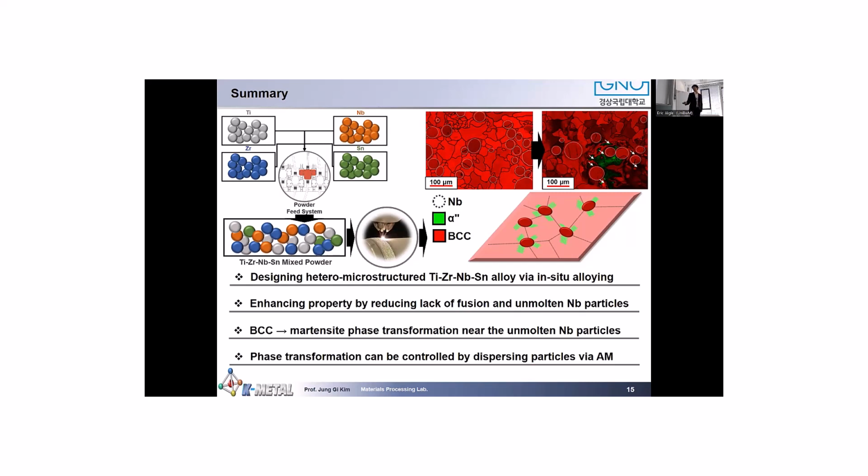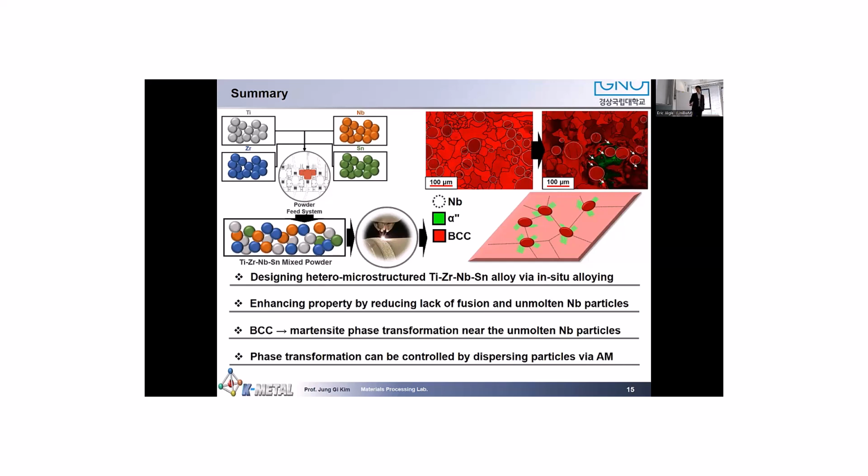But we also found some BCC to martensitic phase transformation near the unmolten particles, and this result shows the phase transformation can be controlled by dispersing particles via additive manufacturing. I think not only particles, but if we disperse some different phases into the matrix, we can also control similar behavior by changing the interfacial energy condition.